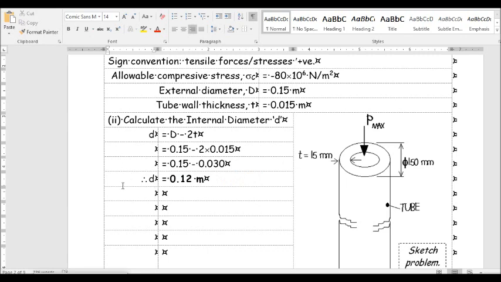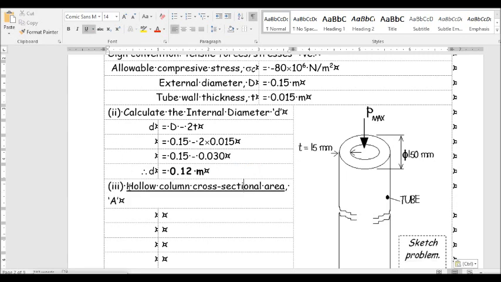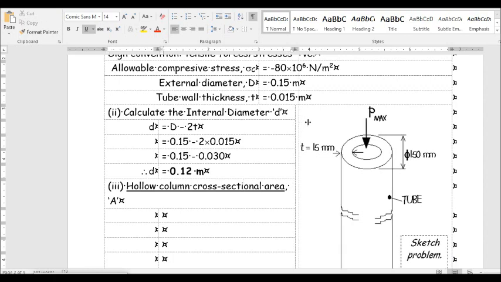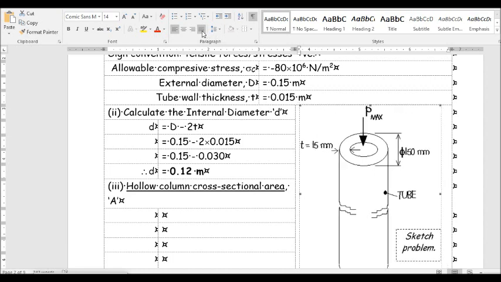Let's consider step 3 in the solution. We're going to calculate the cross-sectional area of the hollow column. Just need to resize my column slightly here. It's bigger. Resize my image slightly. Right, justify the image.